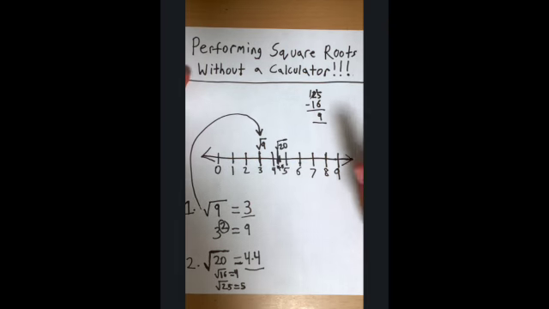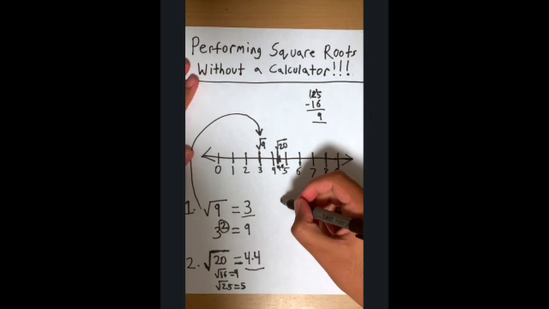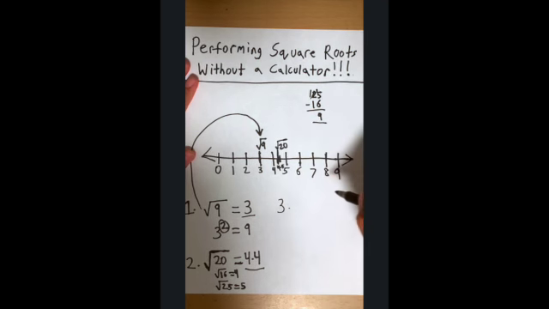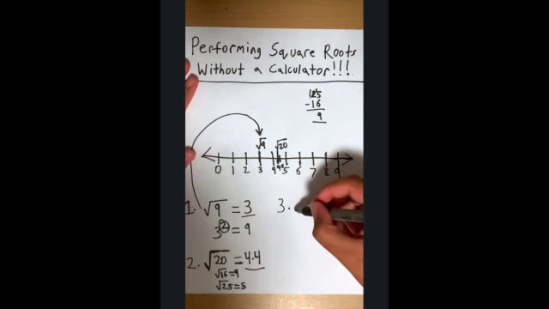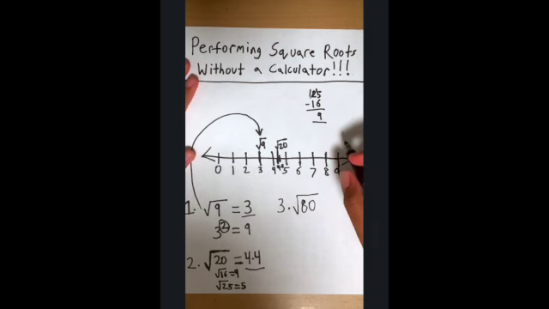Okay, so for our third one, let's say we have, for example, the square root of 80.